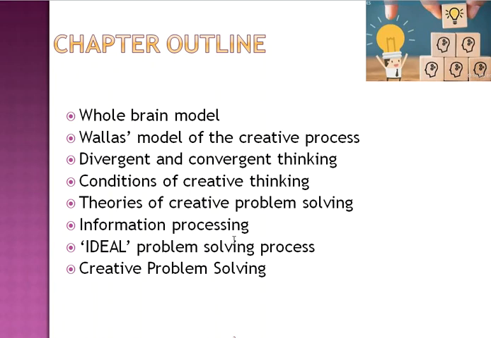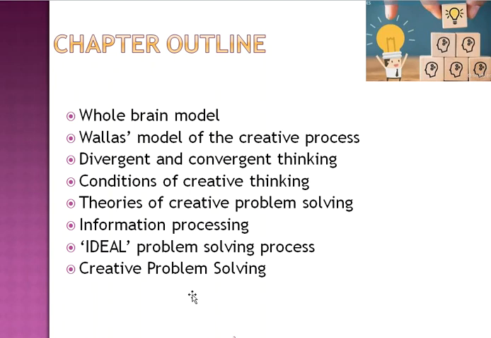Some emphasis on the cognitive theory of creativity, which is about how brains process information. And then at the end of the chapter, we will have 2 points about a suggested model for creative problem solving.